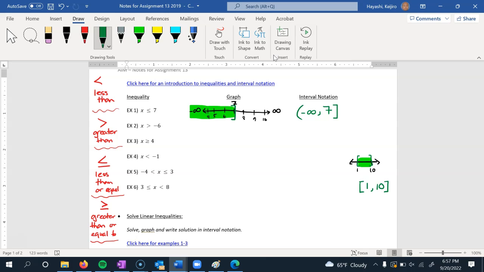You can't touch it and grab it and say, hey, I've got negative infinity, in the same way that you can say, hey, I've got the number 7. So negative infinity and infinity are always going to have parentheses associated with them because you can never truly include them, just because they're forever in that direction. You're never going to actually get to it.